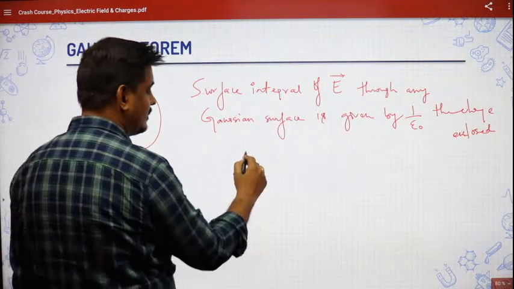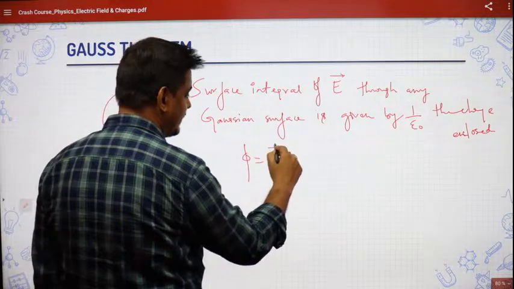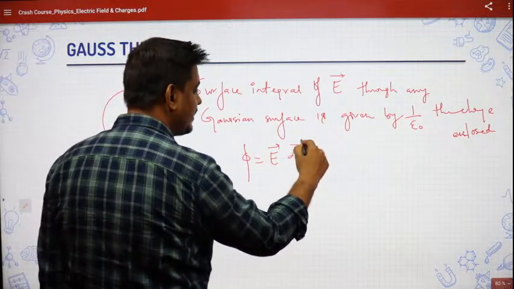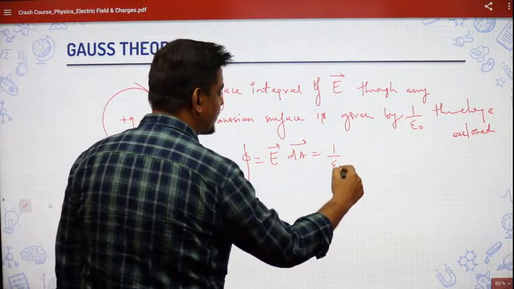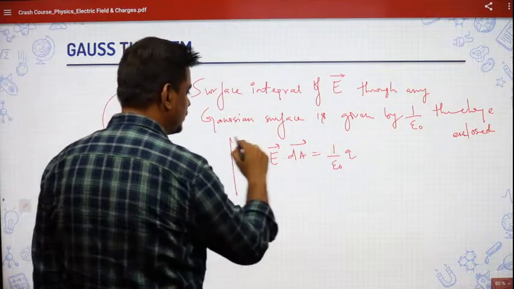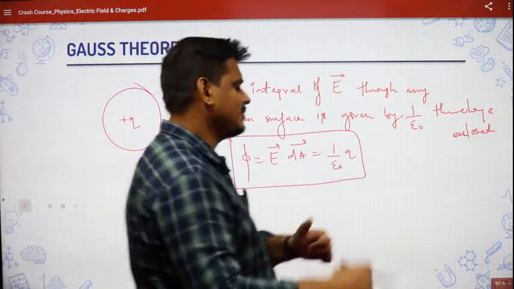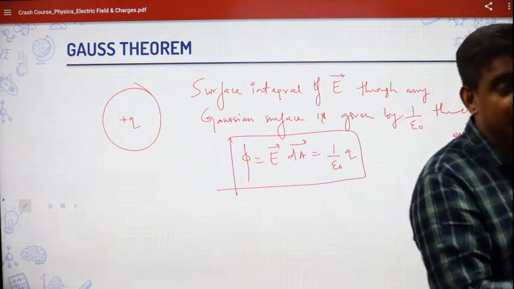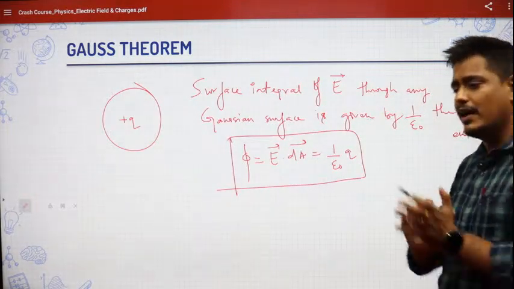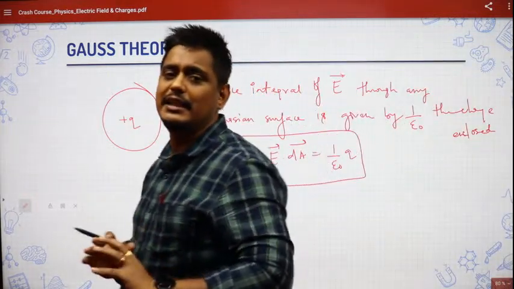So phi, which is equal to E dot dA, will be equal to 1 by epsilon naught times of charge Q. That is what is Gauss theorem. It's very simple, that the electric flux will be 1 by epsilon naught times the net charge enclosed.